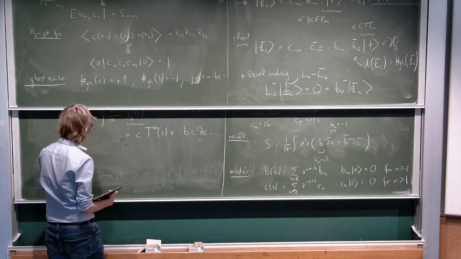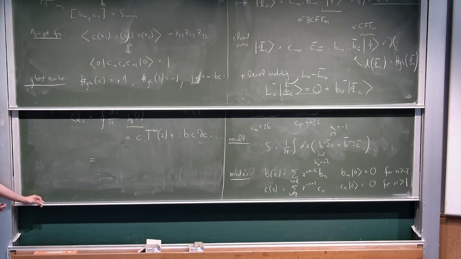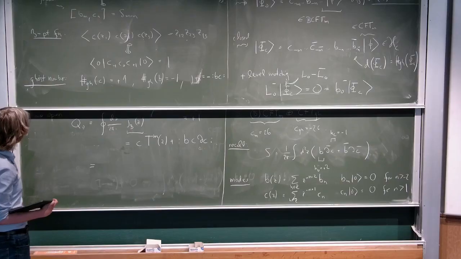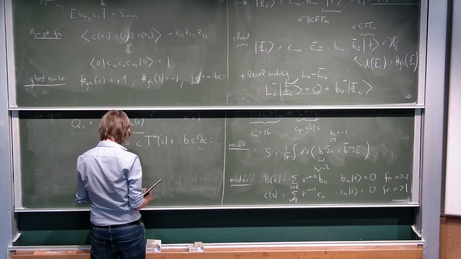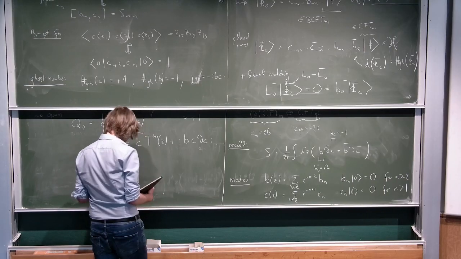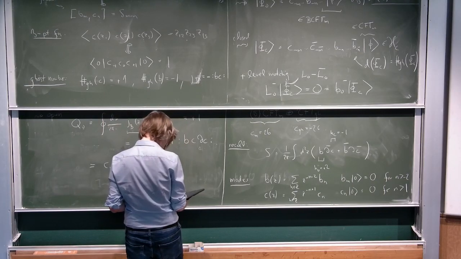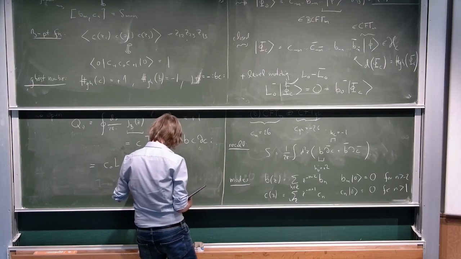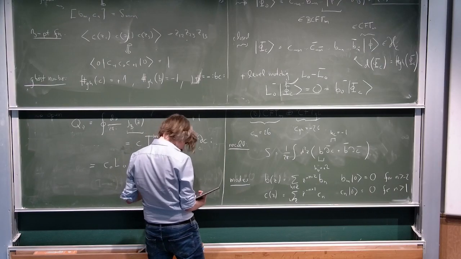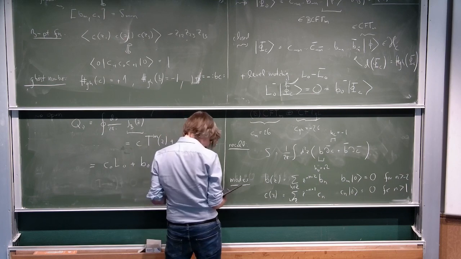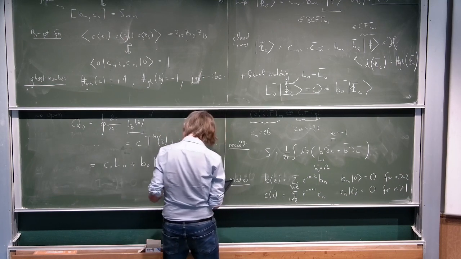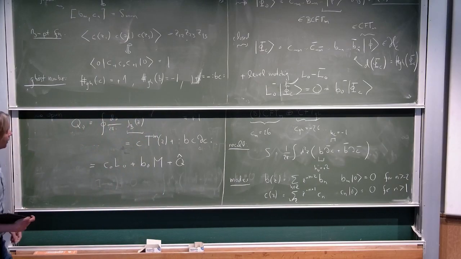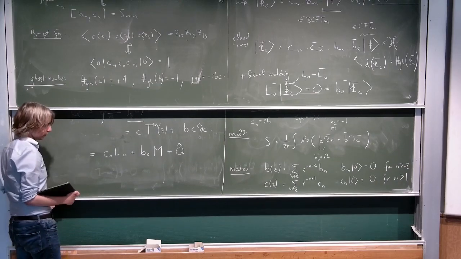So then, in order to be able to do practical computations with this Q, let me also give you the form, decomposing it based on its content of b_0 and c_0. So it can be written as c_0 L_0 plus b_0 times some operator M, plus some operator Q hat, where L_0 is just the zero mode of the total worldsheet stress energy tensor.